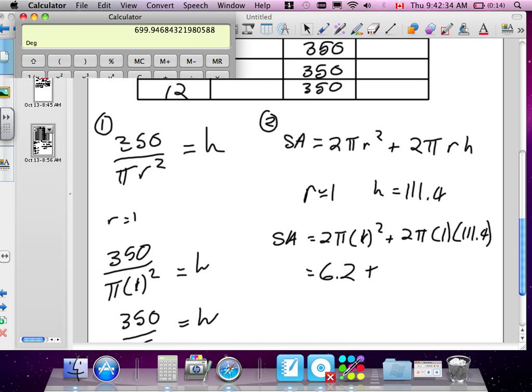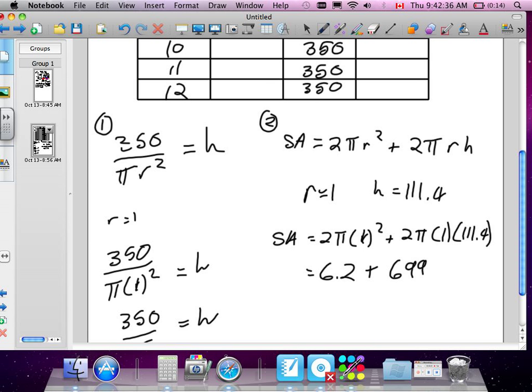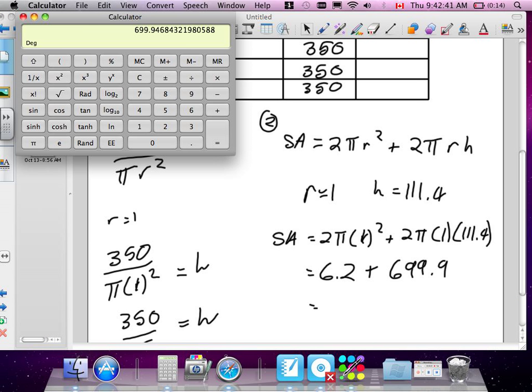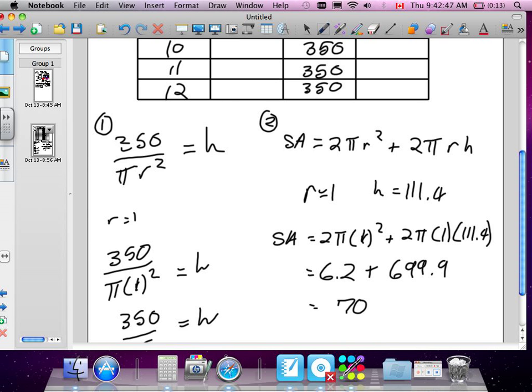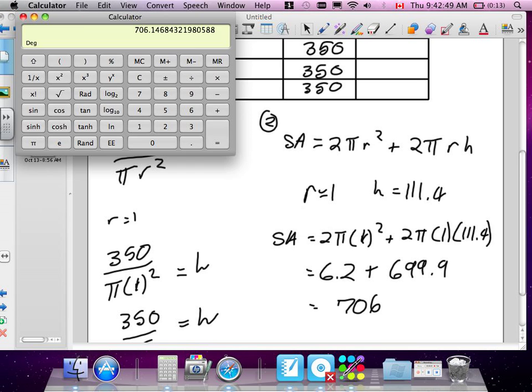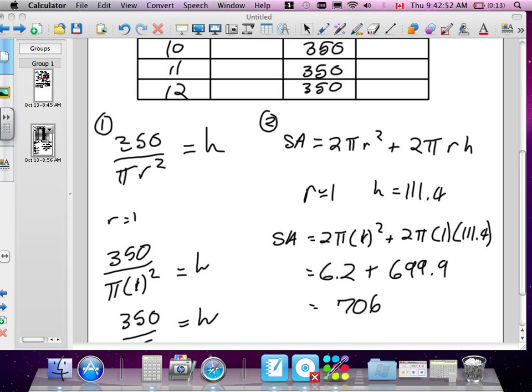We add the two together. We end up at 706. So that's a rather large surface area. So the surface area in this one is 706.1.